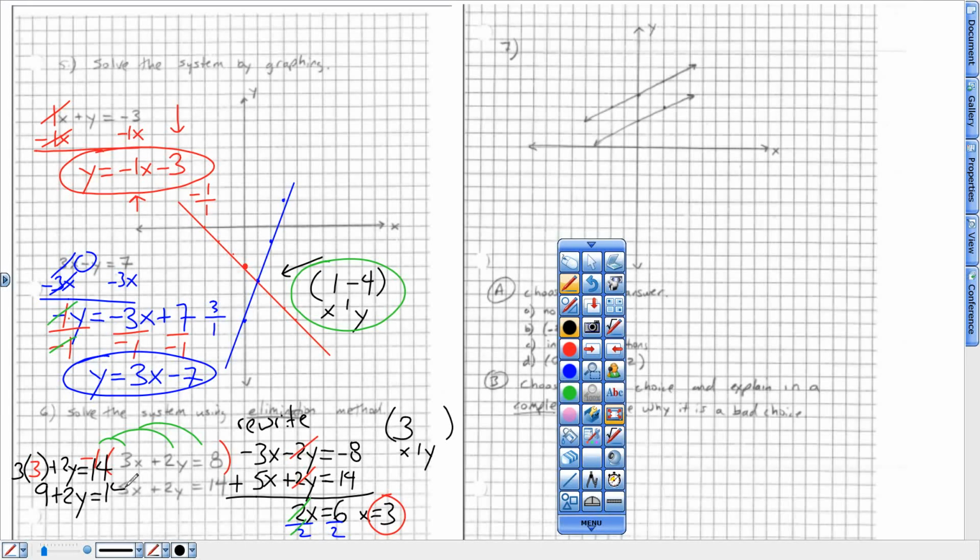Oops, and that's not 14 right there. Let's redo that. Let's do that up here. Right there, I'm going to plug in 3. Let's do this the right way. Plus 2y equals 8. Gives me 9. Right here, I take away 9.